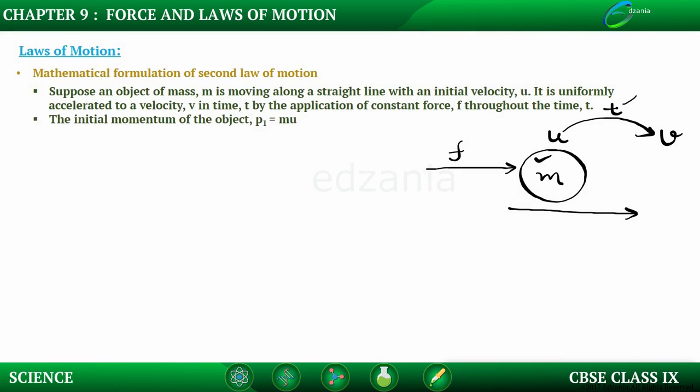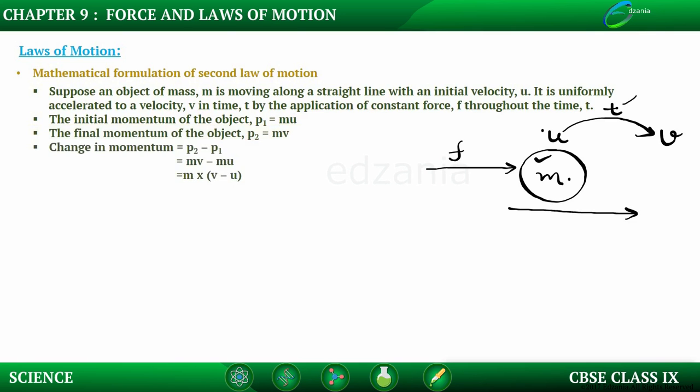For this object, the initial momentum is given by P1, which is equal to m into u, where m is the mass of this object and u is the initial velocity. The final momentum of this object is denoted by P2, which is equal to mass into final velocity, that is v.